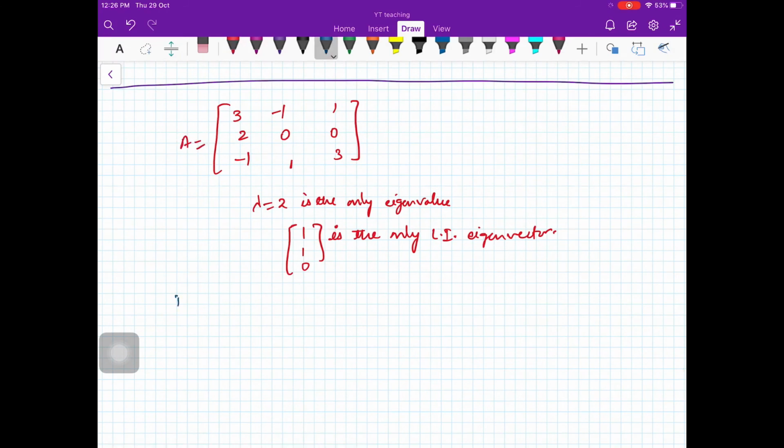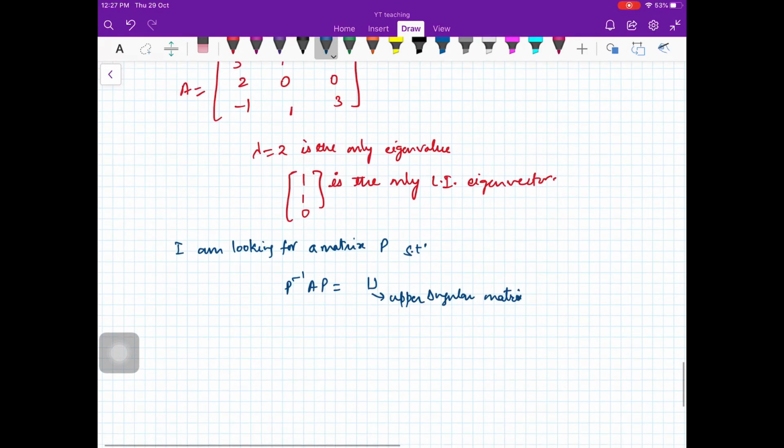I am looking for a matrix P such that P inverse AP is equal to an upper triangular matrix. Okay, so this is what I am looking for. What I am going to do is, I know that this eigenvector will somehow play a role.